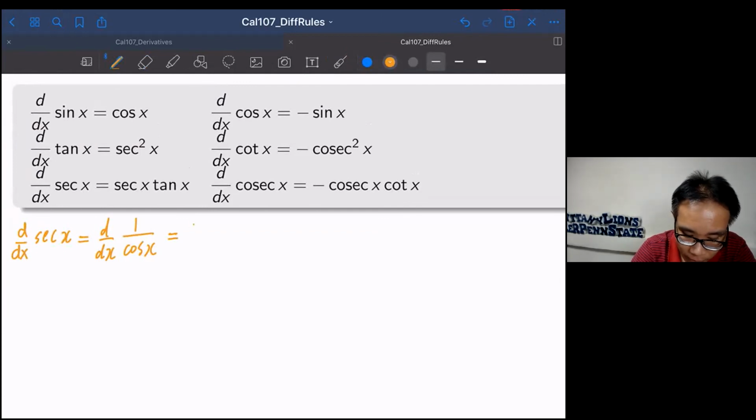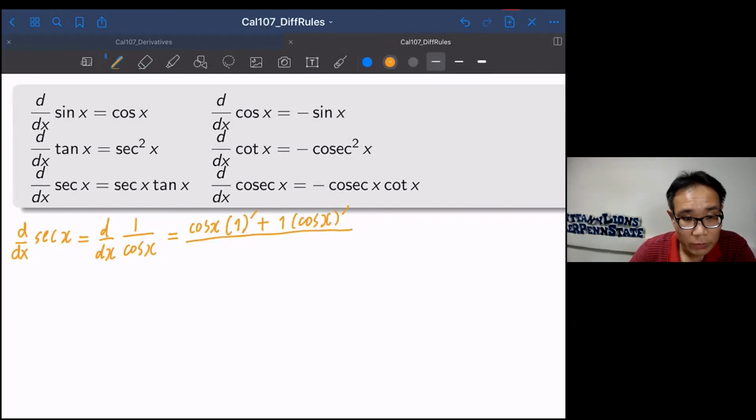So it's going to be the bottom times the derivative of the top, so I'm going to differentiate 1, minus the top times the derivative of the bottom, which is the derivative of cos, over the bottom squared. So it's going to be cos x squared in this case.